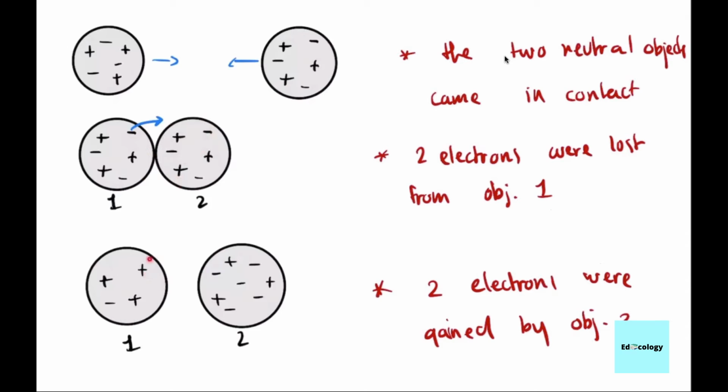And here you can see that 2 electrons were lost from object number 1, but also 2 electrons were gained by object number 2. So this proves that electric charge is always conserved.